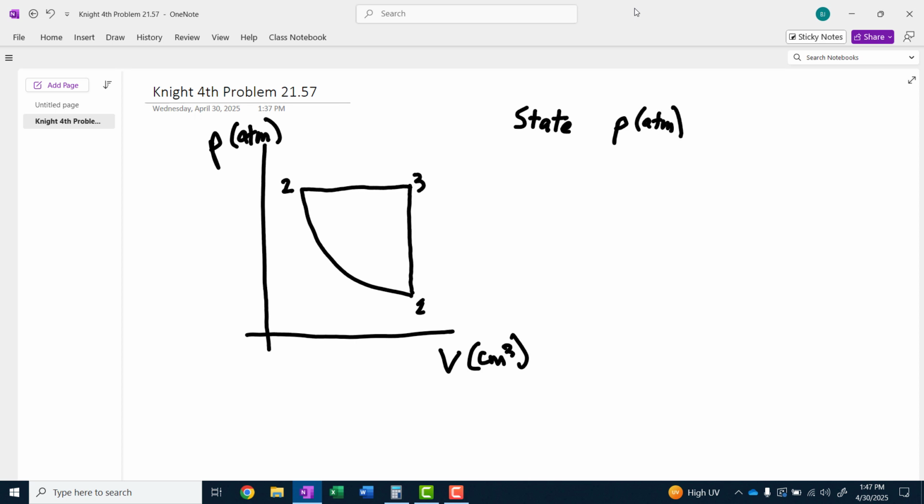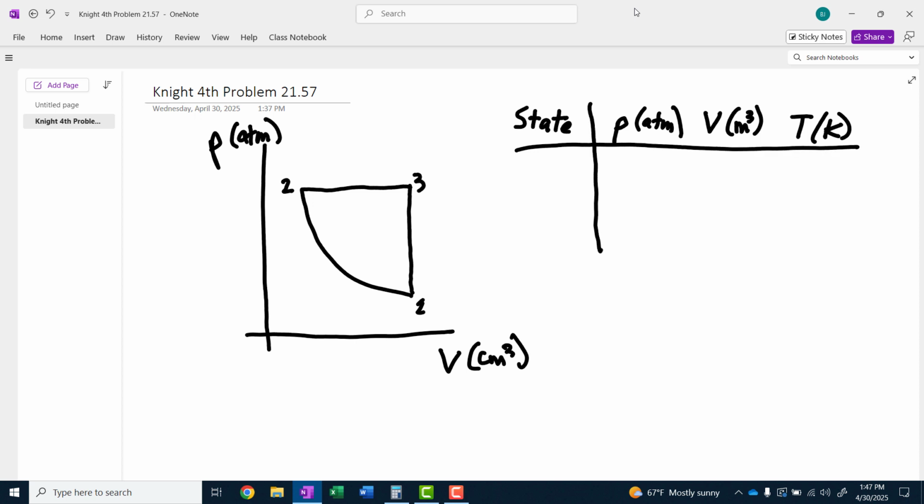Later we're going to have to convert the volume in, let's do volume in cubic meters. It really doesn't matter as long as you label the units that you're using. Temperature, definitely in kelvins. So we've got 4 columns here, 1 specifying the state, 1 the pressure, so much for a vertical line.